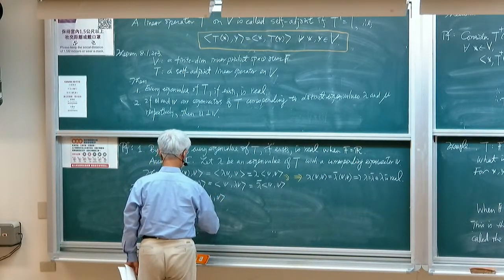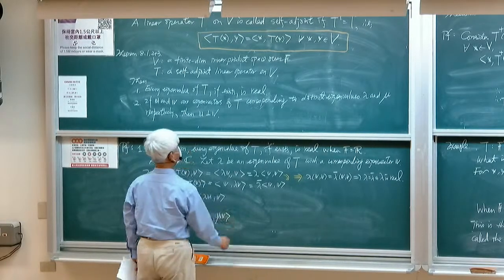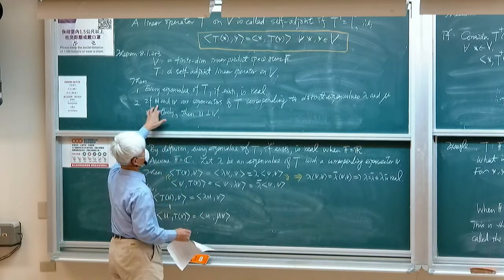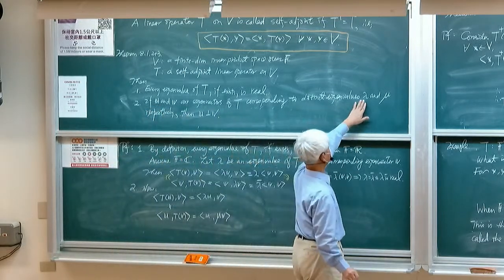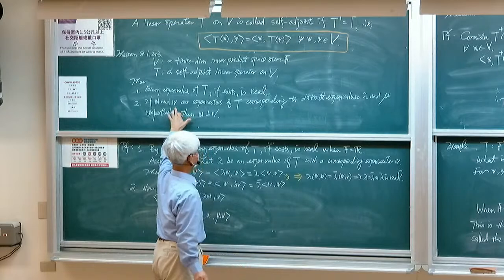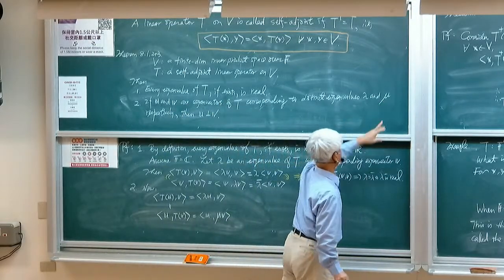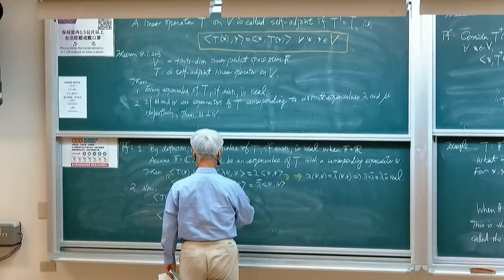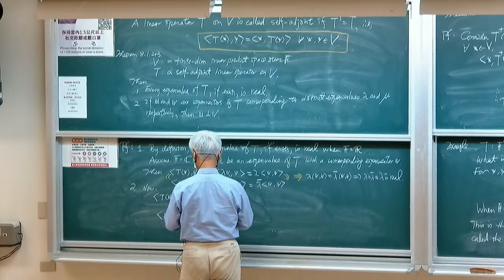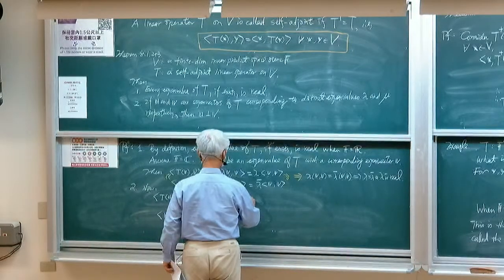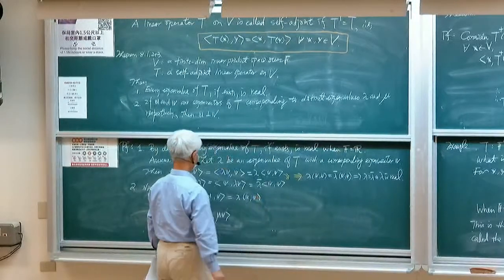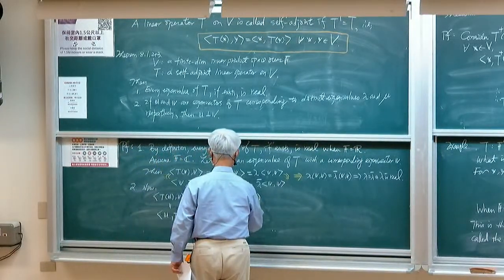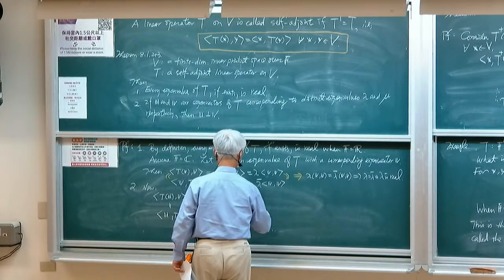And this one is mu u, v. Okay, because u is an eigenvector corresponding to eigenvalue lambda, and v is an eigenvector corresponding to the eigenvalue mu here. So we have that. Okay, and this is lambda u, v. And this is mu u, v.